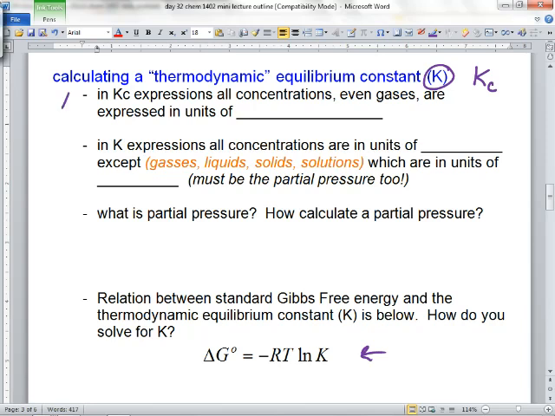So let's get started here. Everything we've done so far, Mallory, has been Kc for equilibrium constant. Even gases, everything, they're expressed in units of what? We use brackets, and we said, hey, what units do we use? Where's Mallory? Yeah.